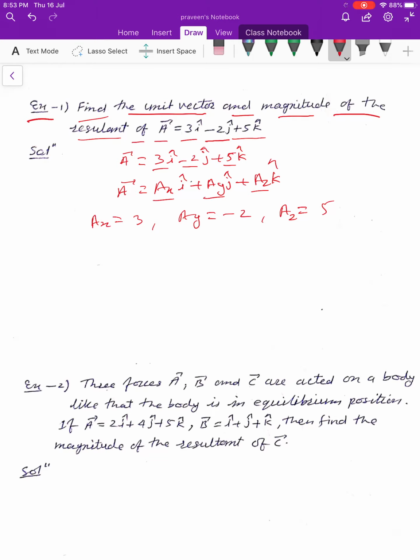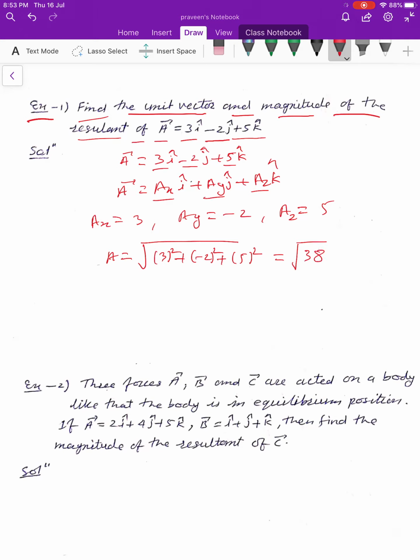Therefore, the resultant of the given vector A is A is equal to under root 3 square plus (minus 2) square plus 5 square, or A is equal to under root 38.